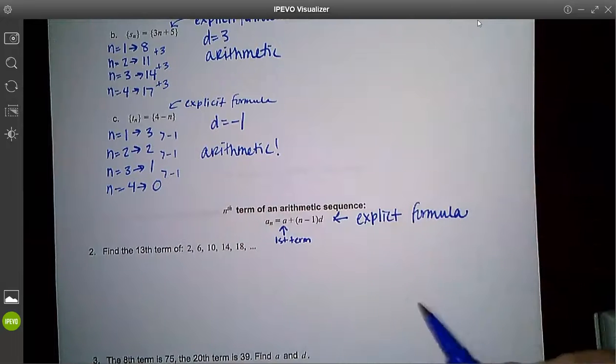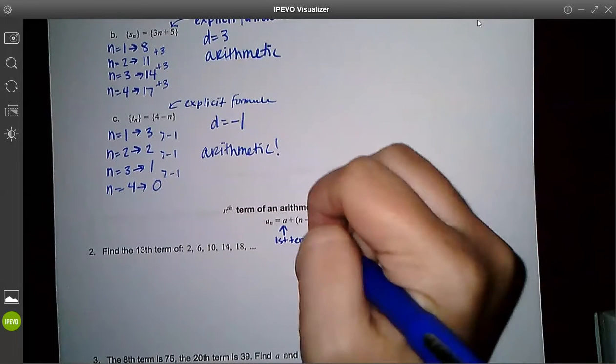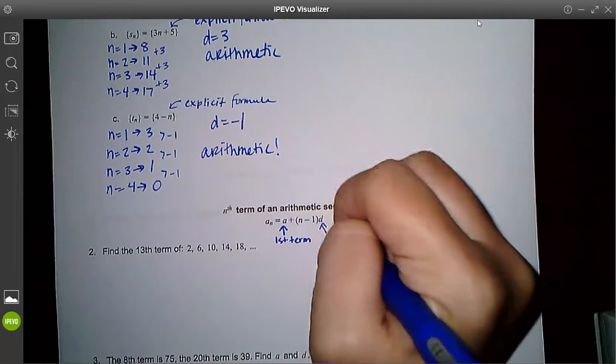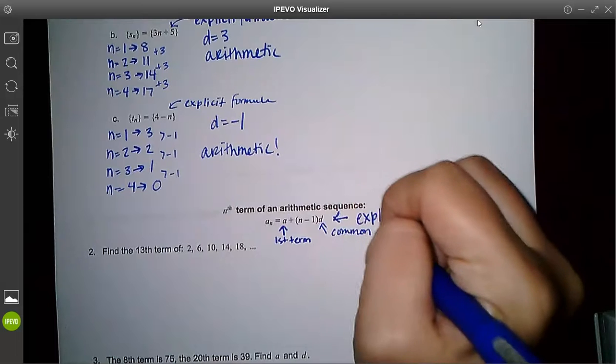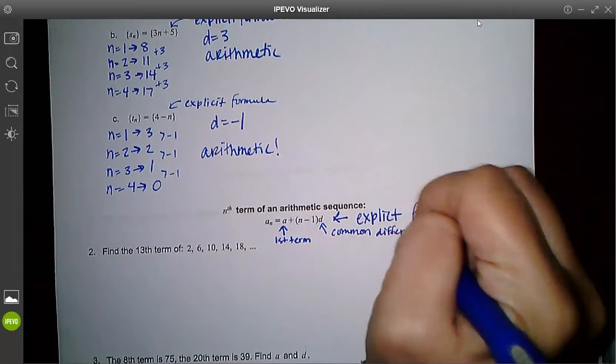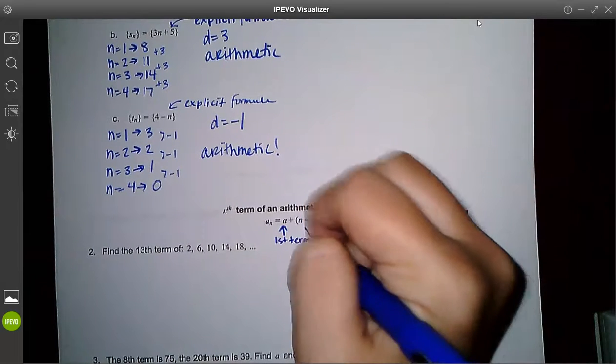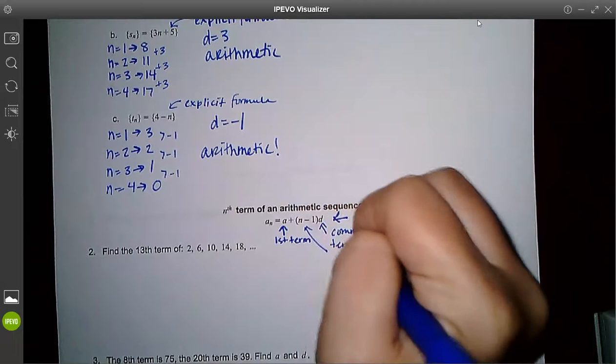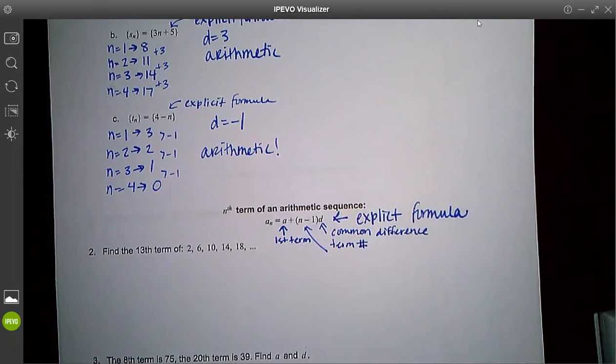N is the number term that you're looking for, and d is your common difference. Again, explicit formula can be used to find any term. Recursive formula has to use the term before.